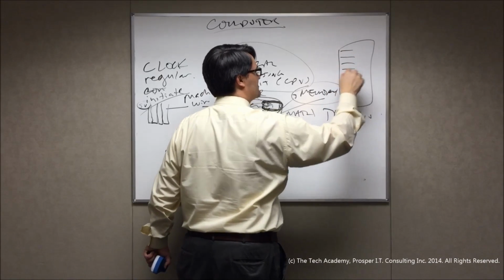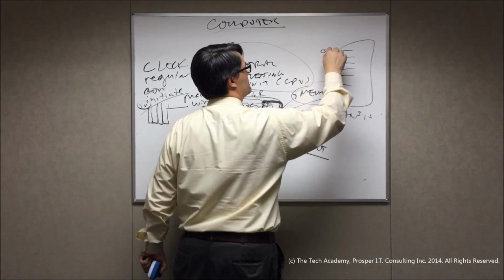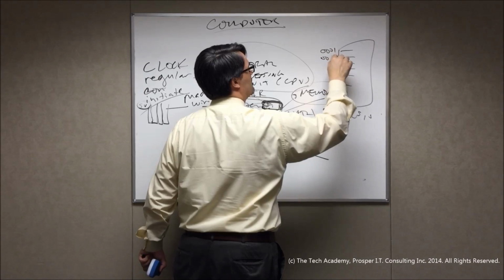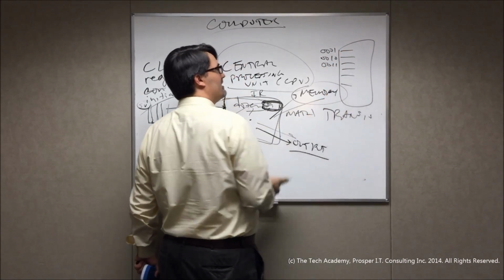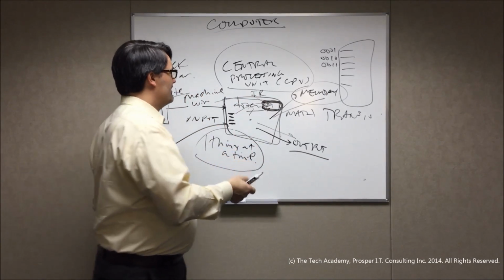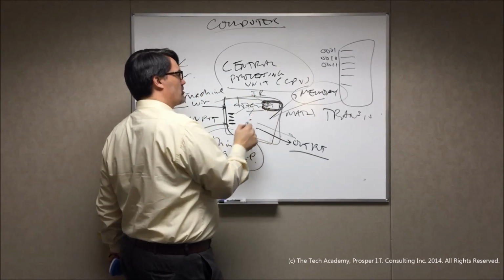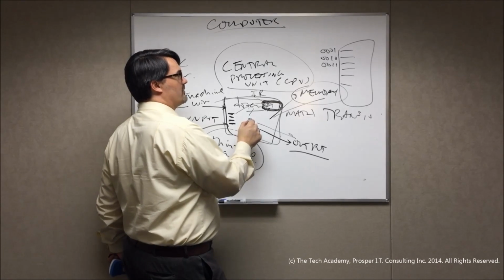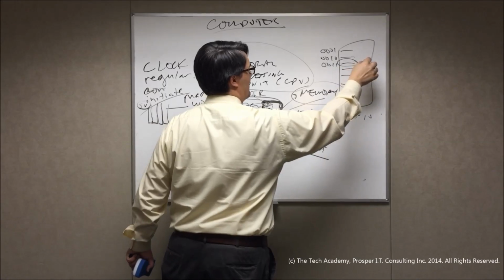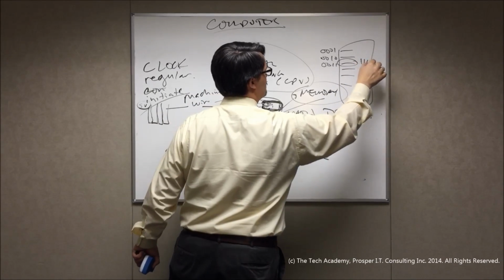Every single box of memory in here is labeled 0001, 0010, 0011. Like every single location in there has a number to identify it. So this instruction could say, go to memory location 3 and get the value in there. So it goes to memory location 3, and the value in here might be 1110.